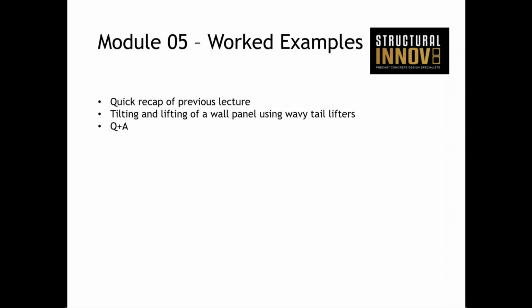As always, we'll have a quick recap of what we discussed last week, and then we're only going to manage to fit in one worked example in this session because it is quite long. It's a wall panel, tilting, lifting, so demolding, tilting, lifting, etc. So there's a number of different reiterations of the calculations to be carried out, and it's an example that I picked that's not going to work out the first time.